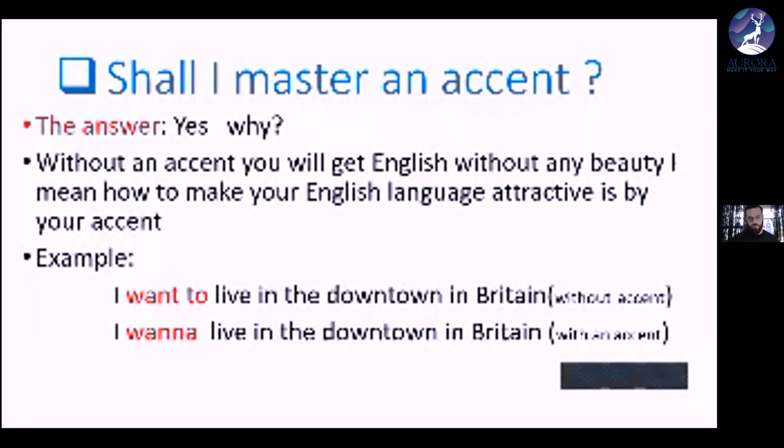If you listen to somebody say, I want to live in the downtown in Britain, it's correct, 100% correct, no problem about that. It's just learning. I'm learning English, I'm teaching English, I'm just doing whatever I want. This is English.